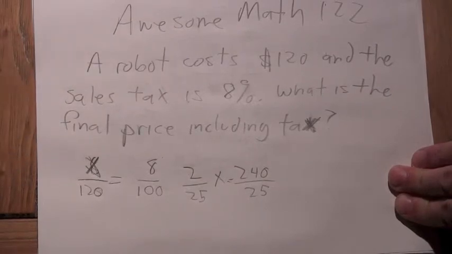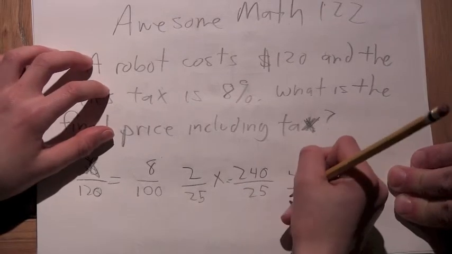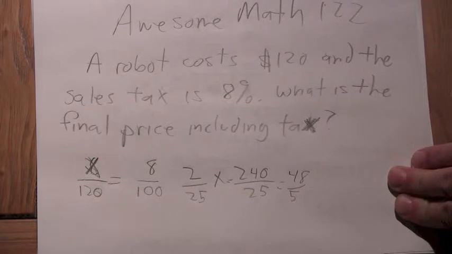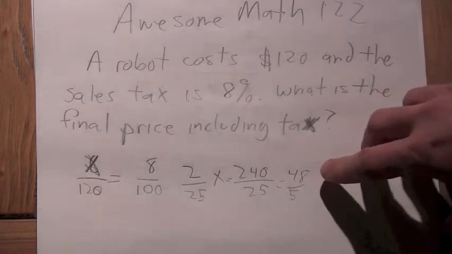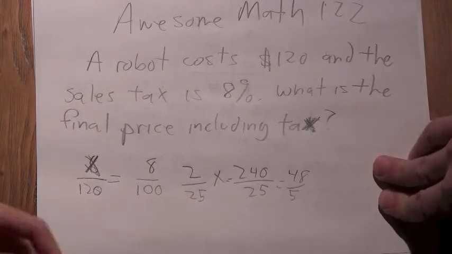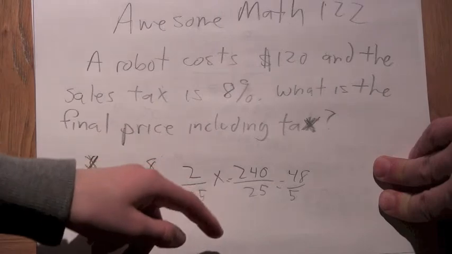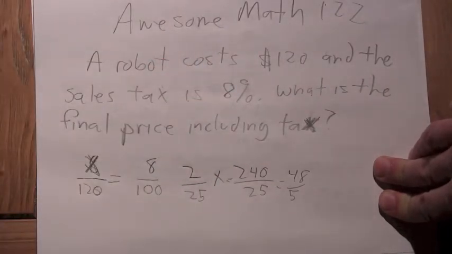That'll be 48 over 5, and we can't simplify that anymore. How did you figure out so quickly that 240 divided by 5 was 48? Well, I divided by 10 and then multiplied by 2. Oh, wow, good trick.